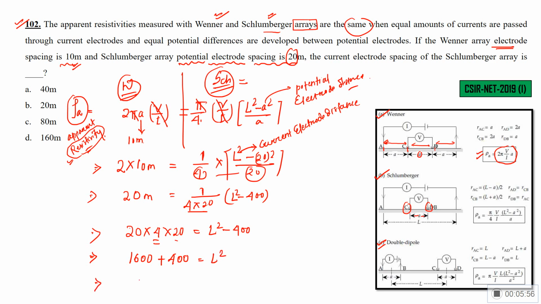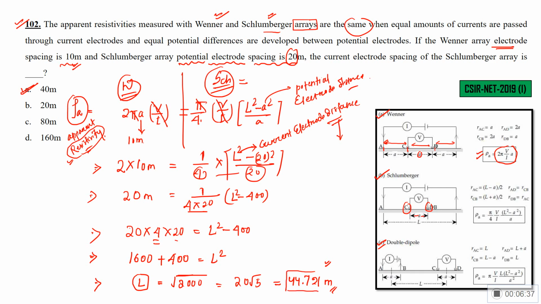So L equals square root of 2000, which is around 20 root 5, or 44.721, and it is in meter because L is the current electrode distance. The close or approximate answer is around 40 meter, so the answer is 44.721 meter.